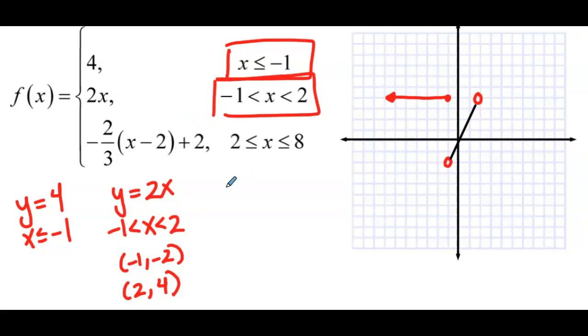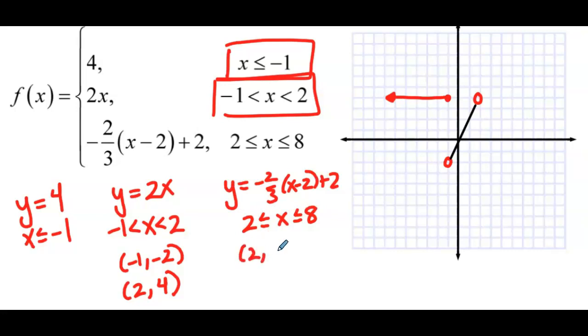And last, we're going to graph y equals negative 2/3 times (x minus 2) plus 2, on the domain 2 is less than or equal to x, which is less than or equal to 8. Now we should notice this is very similar to point slope form. We could move the plus 2 to the other side, but we have 2 x values, so we can just plug in and get 2 points on the line.